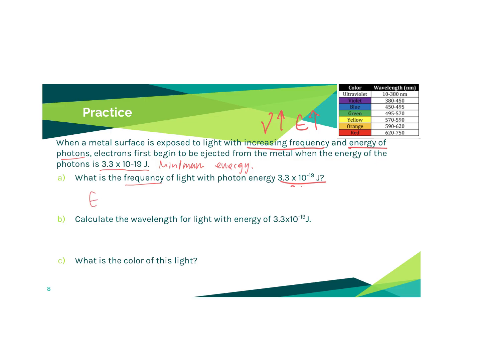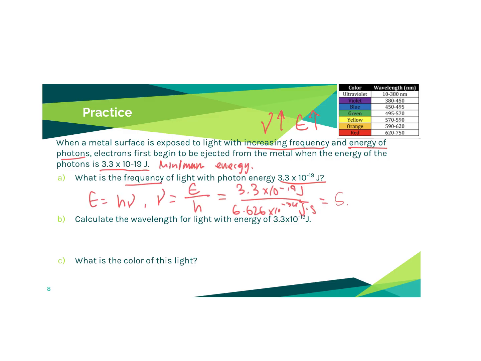Well, we know that E, the energy, is equal to h, Planck's constant, times nu. So we can rearrange this to say nu, the frequency, is equal to the energy divided by Planck's constant. And so this would be equal to our energy, 3.3 times 10 to the minus 19th joules, divided by 6.626 times 10 to the minus 34 joules times second.